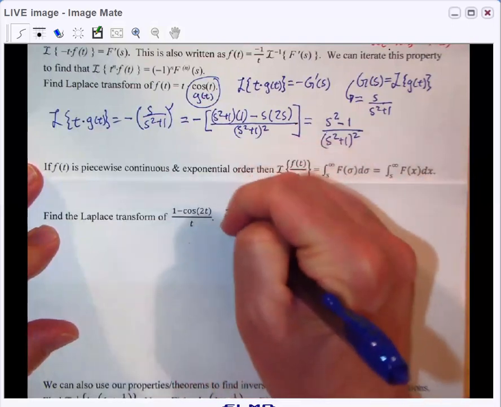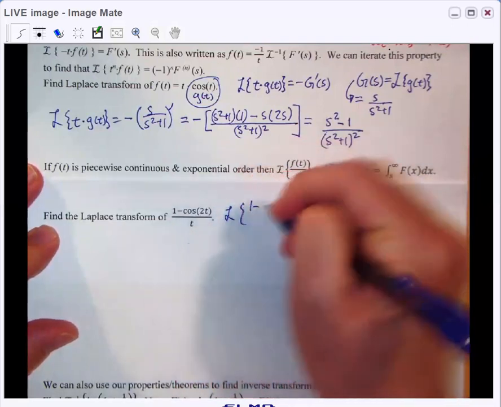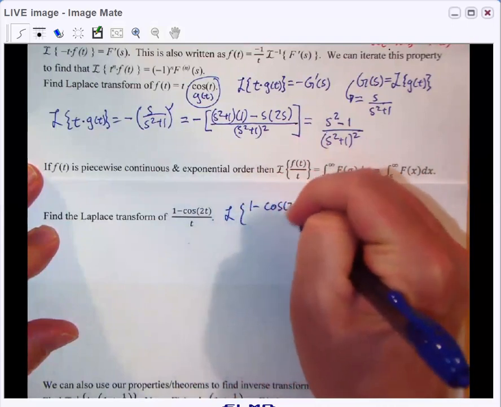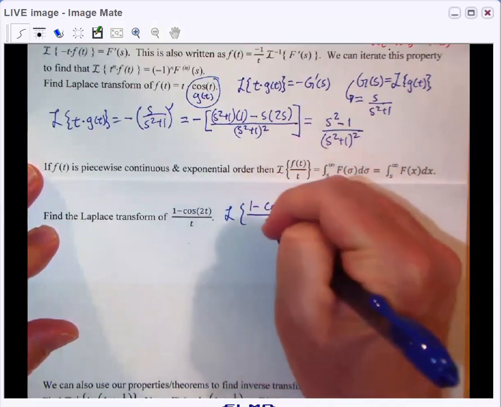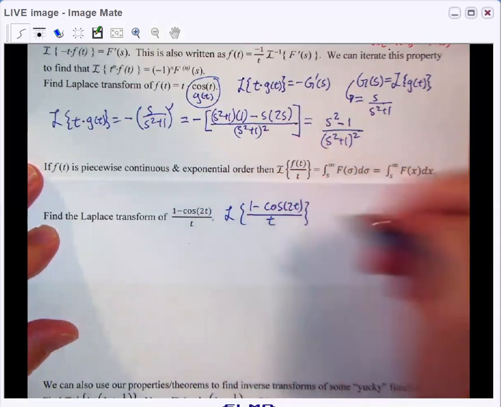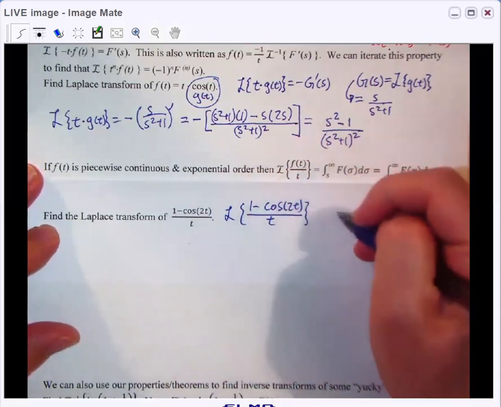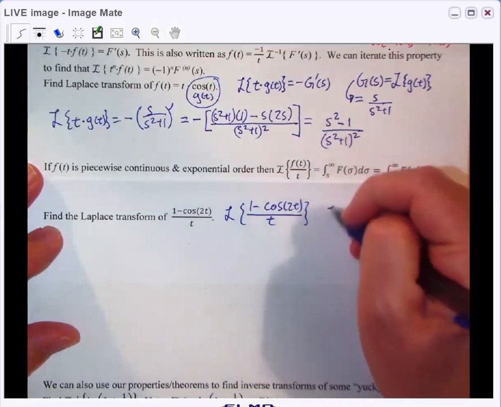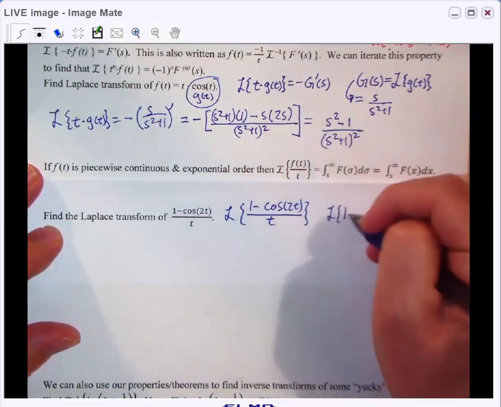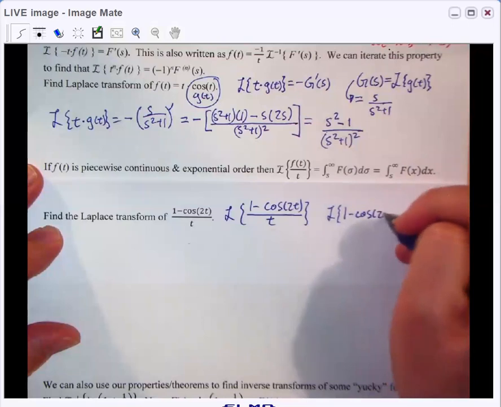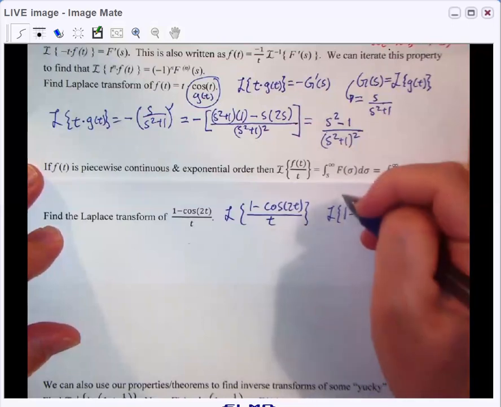So we need the Laplace transform of 1 minus cosine of 2t over t. If we notice, I need to find the Laplace transform for 1 minus cosine of 2t, and that would be my capital F of s.